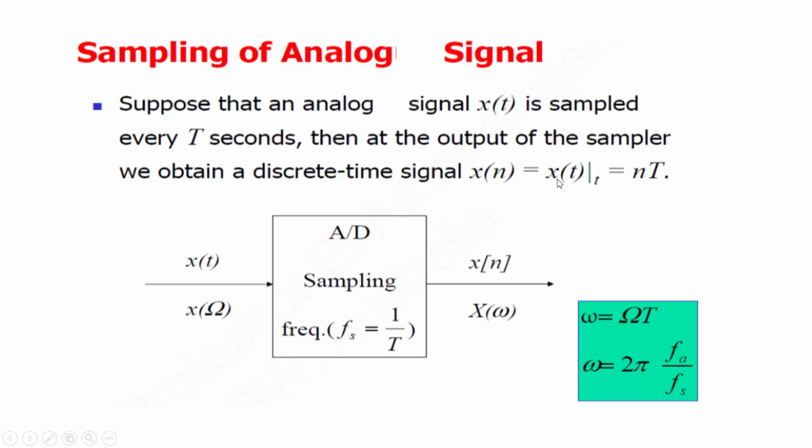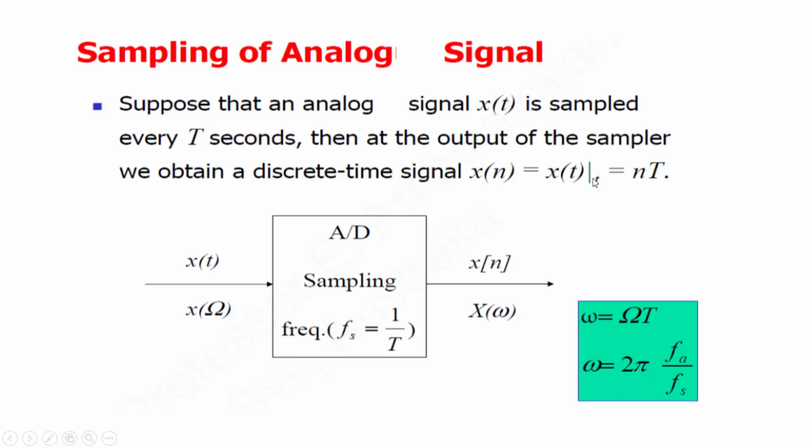All right. Now, how the sampling is done, how you can mathematically explain taking the discrete signal from the analog signal. Let's say x(t) is the analog signal.